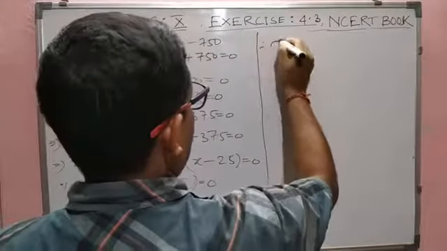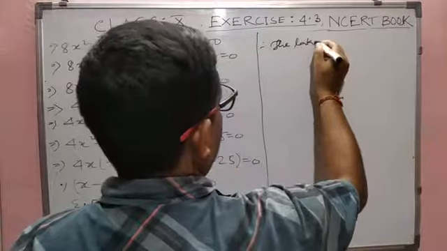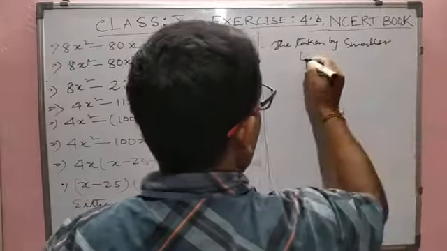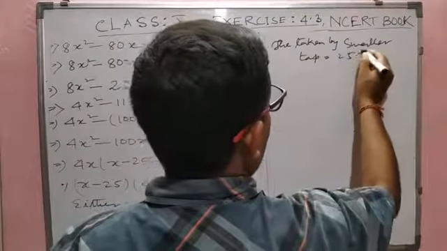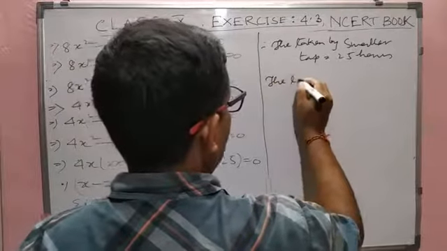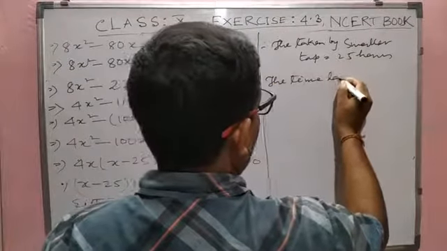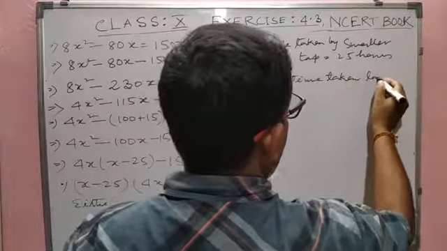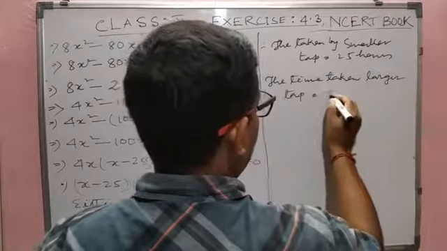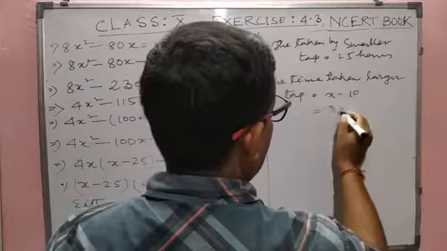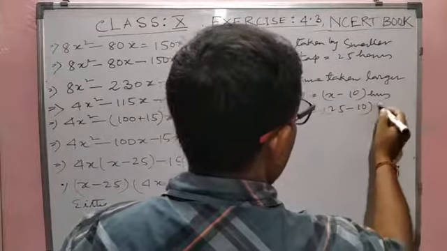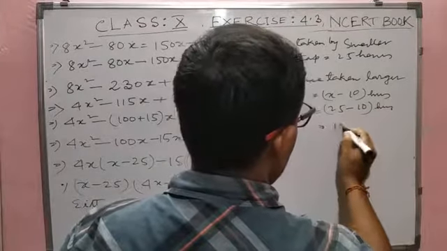Therefore the time taken by the smaller tape is equal to 25 hours, and the time taken by the larger tape will be x minus 10, that is 25 minus 10 hours, that is 15 hours.